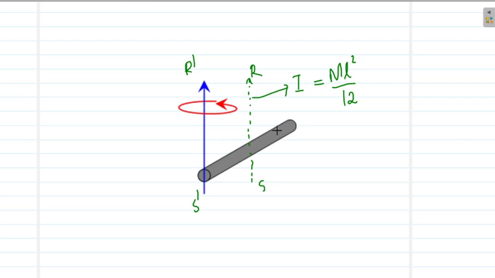And due to the symmetry of the rod, it is already known that the center of mass of this rod will be situated at the middle point, which is ICM, which is equal to ml square by 12. Now to calculate the moment of inertia about the axis R dash S dash, we may make use of the parallel axis theorem.